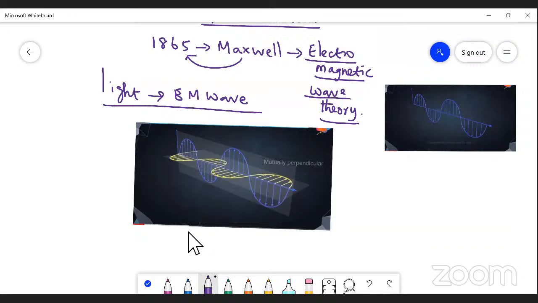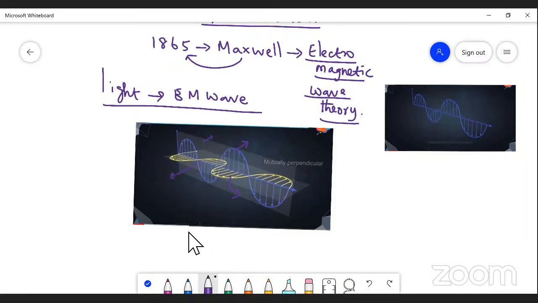Here, the blue color wave represents vibrations of electric field in the light wave, and the yellow color wave represents the vibrations of magnetic field in the same light wave. These are confined to two different planes. So this is vertical plane and this is horizontal plane.